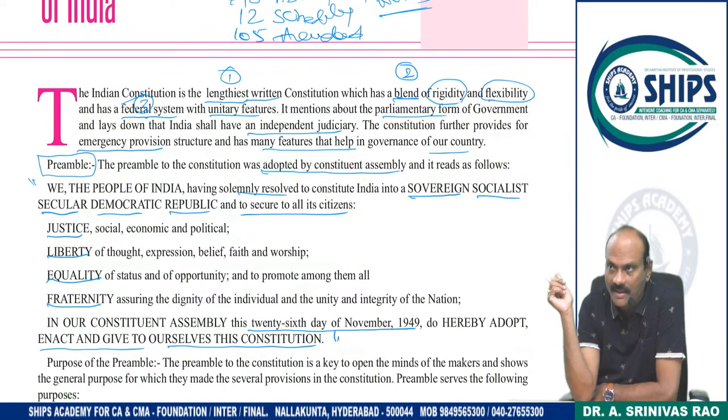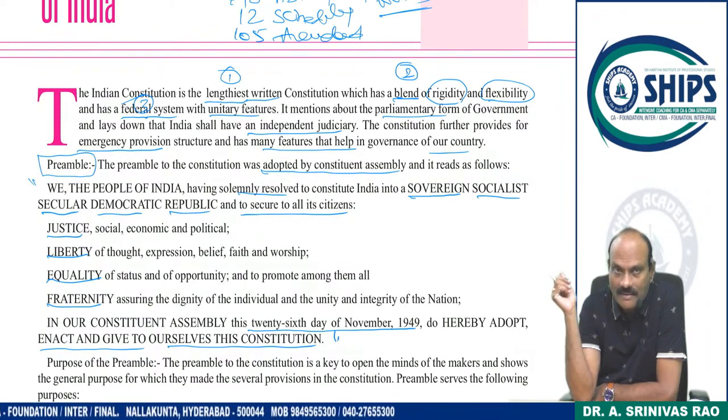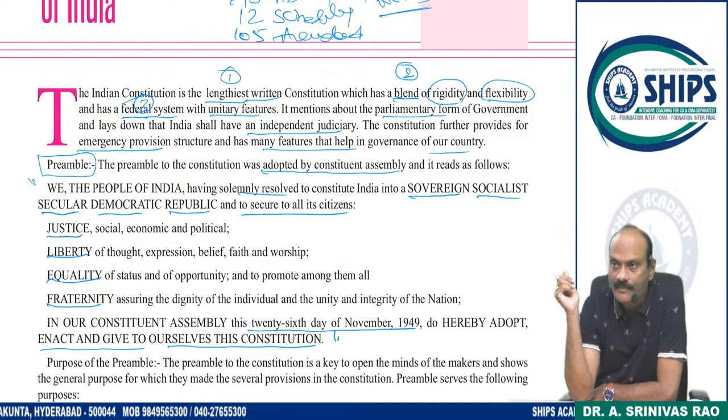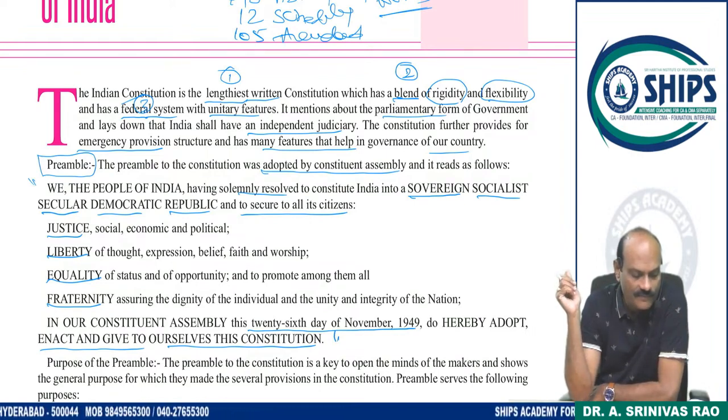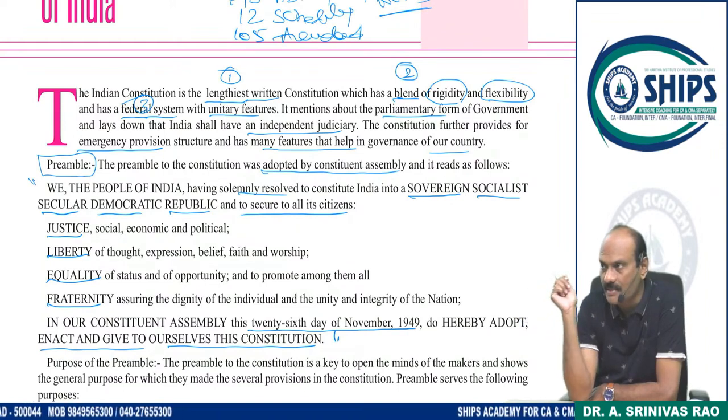Already we know Abraham Lincoln, the great person, gave the definition for democracy. What is the meaning of democracy? Democracy means government of the people, by the people, for the people. This is according to Abraham Lincoln.